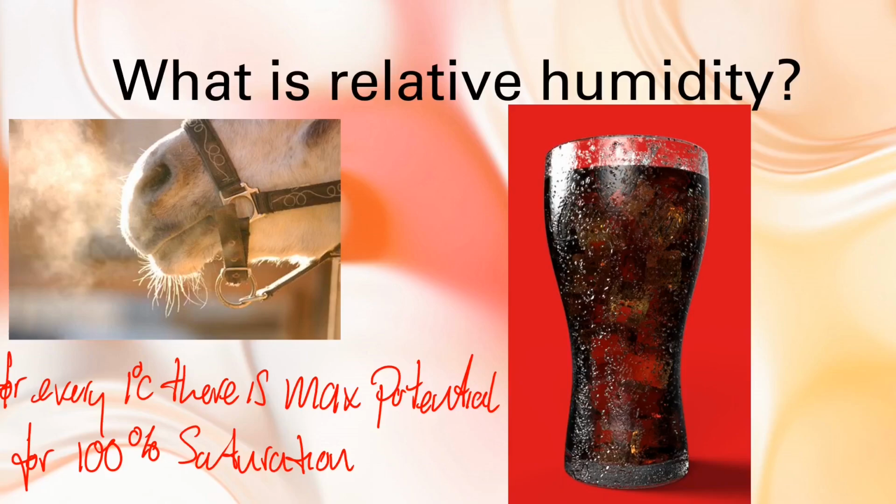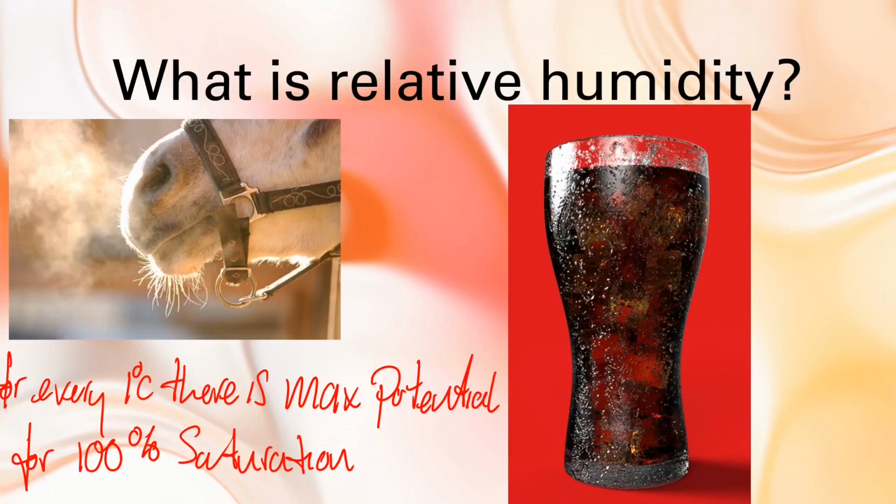If you picture relative humidity as a sponge, and that sponge is a 1 gallon sponge, it has the potential to hold 1 gallon, or in this case it has a maximum potential for 100% saturation. So if we put that 1 gallon of water into the sponge, then the sponge is at its maximum potential.